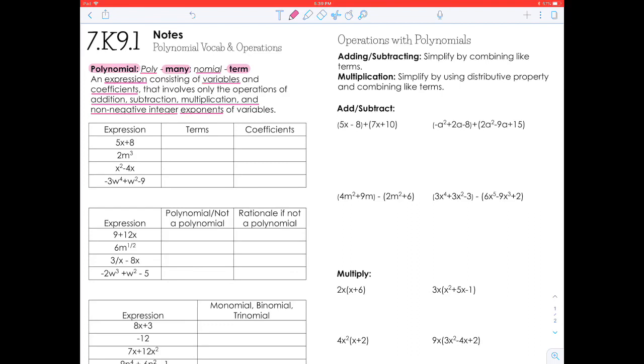Okay, so if there's an exponent on a variable, it cannot be negative, and it must be a whole number.